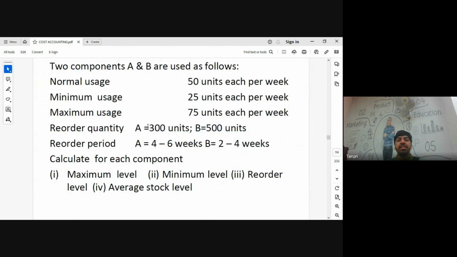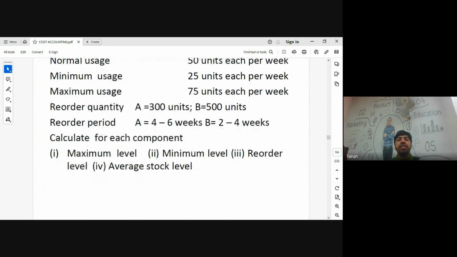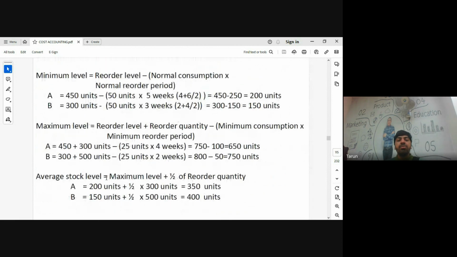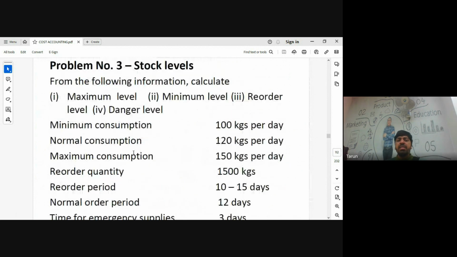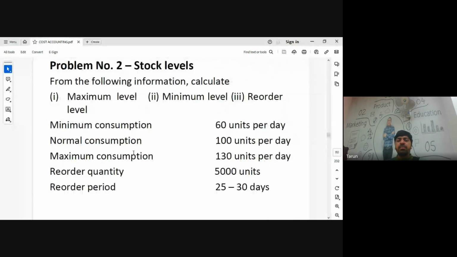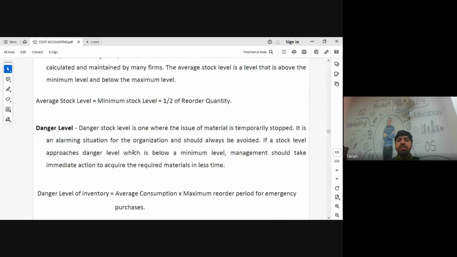Maximum usage is 75, minimum usage is 25, normal usage is 55. Reorder quantities 300 and 500, and the reorder period. 200 and 150 minimum level. Let me check the formula. It's not minimum, it's maximum. Just hold, let me check this.